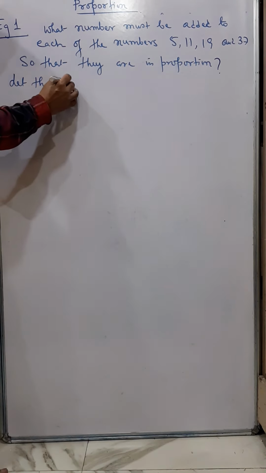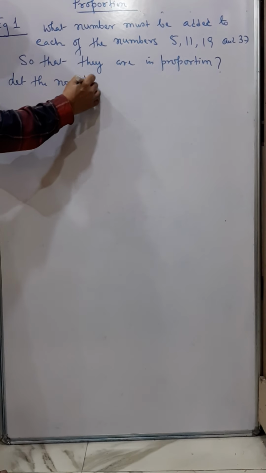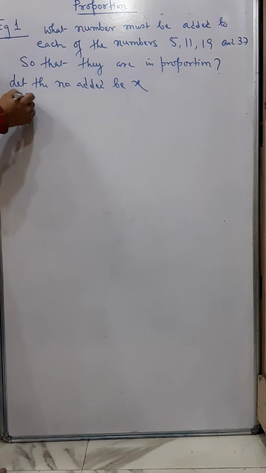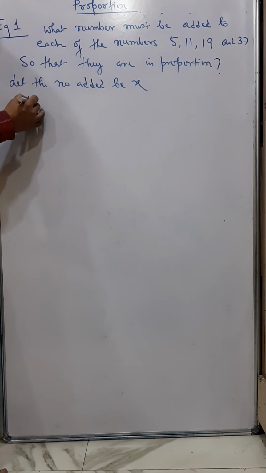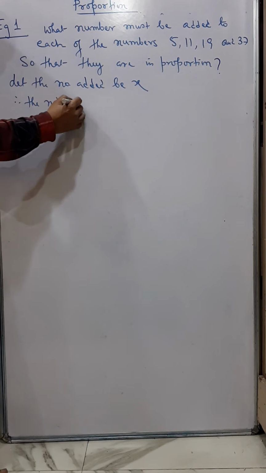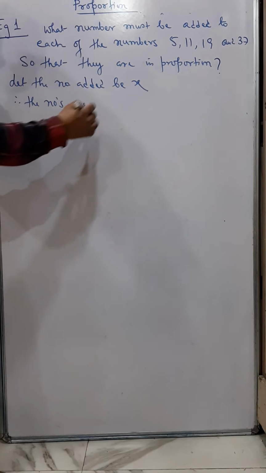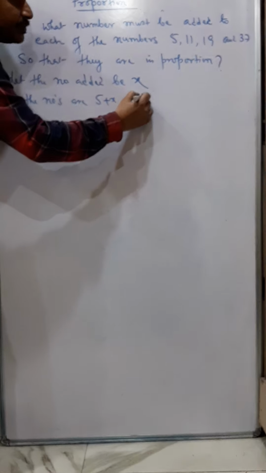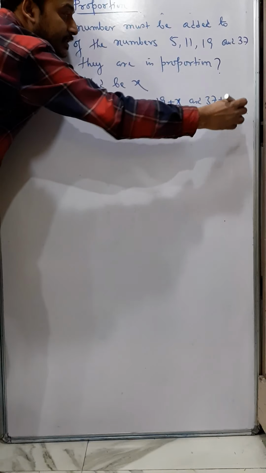Let the number added be x, and therefore we can say the numbers are 5 plus x, 11 plus x, 19 plus x and 37 plus x.